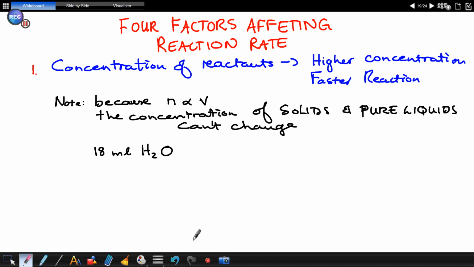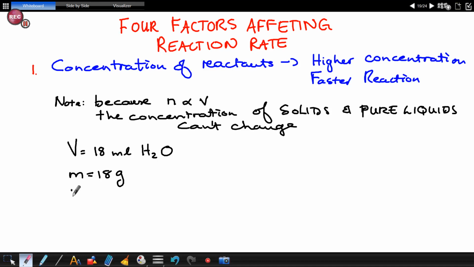Water is a very good example to use. If we've got 18 milliliters of water, what is the mass of the water? 18 grams. So the volume of 18 milliliters of water has a mass of 18 grams. And how many moles do you have if you've got 18 grams of water?